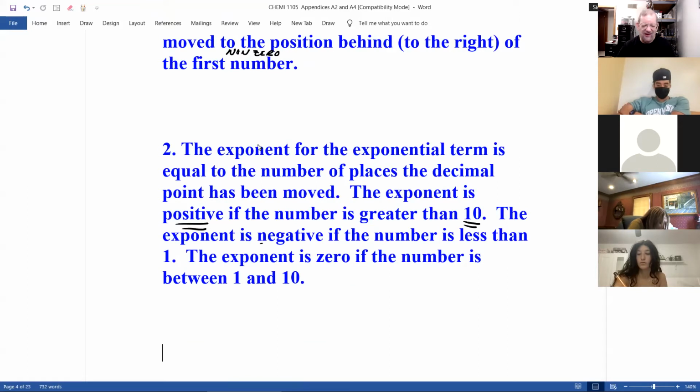The exponent is negative if the number is less than 1. Now, I'll never do this on a test, but if the number is between 1 and 10, the exponent is 0, and 10 to the 0 equals the number 1.